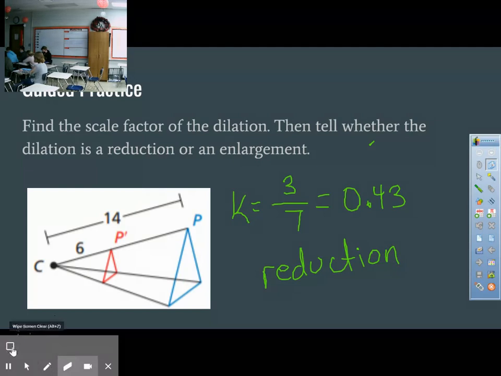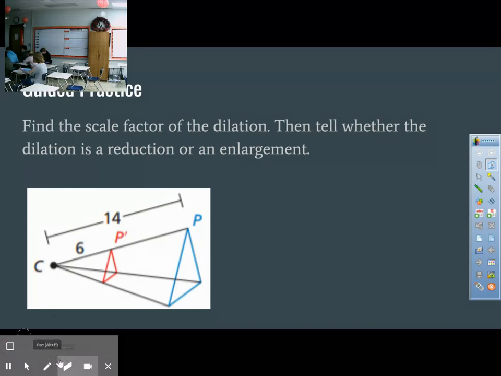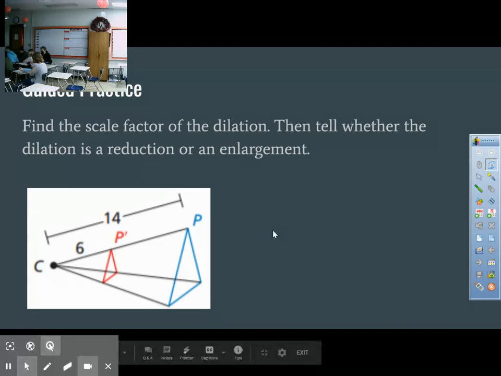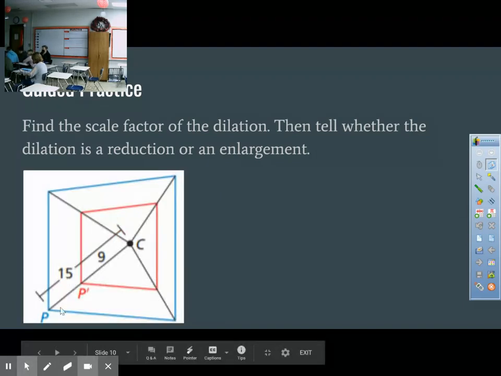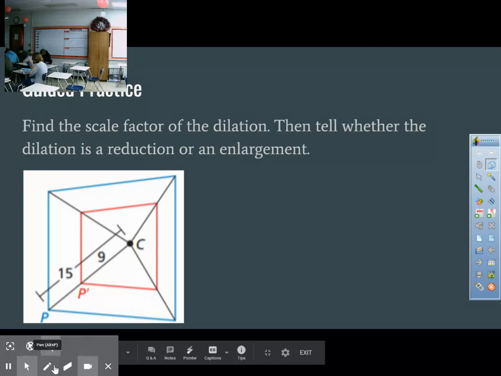Again, you're going to need to write down the missing numbers before you work it out, and then you're going to work it out with your partner. From point C to point P is 15, and from C to P prime is 9.